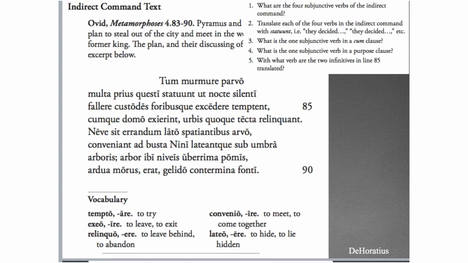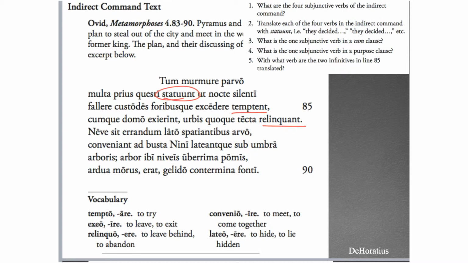It's another indirect command, so 4 subjunctive verbs in the indirect command. I went out of order a little bit. So statuant is our main verb. They decided to try, temptant. I'll get to the other verbs, by the way, I know I forgot them.